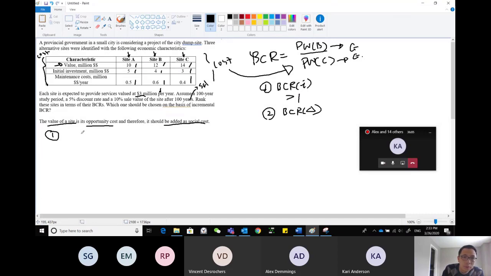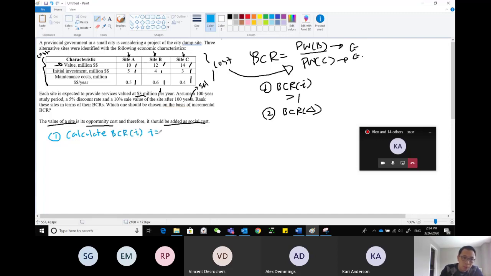So for the first one, calculate the BCR. Maybe I'll use a different color. How about blue? Okay, so calculate BCR i, right?